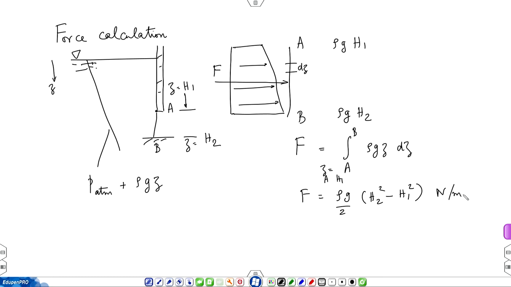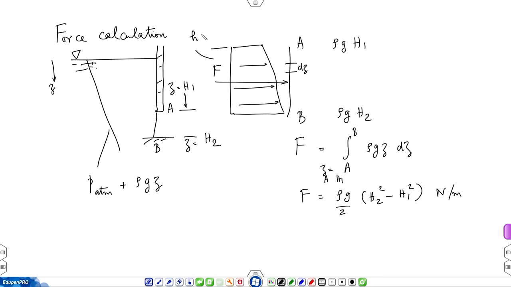And the second quantity you would like to determine is the point of application of this force. So, if it is at a distance h from point A, now that is up to you, you can choose to define h from the free surface.